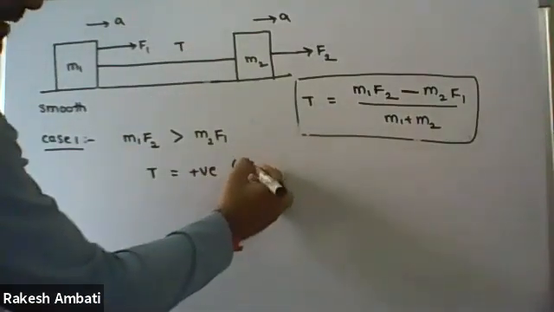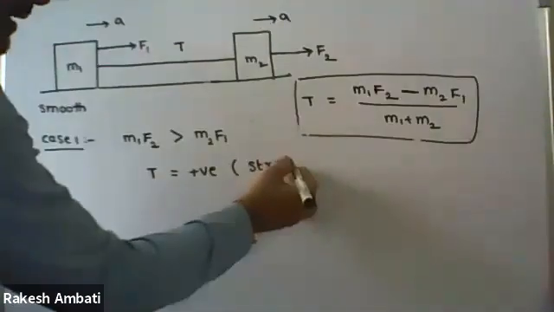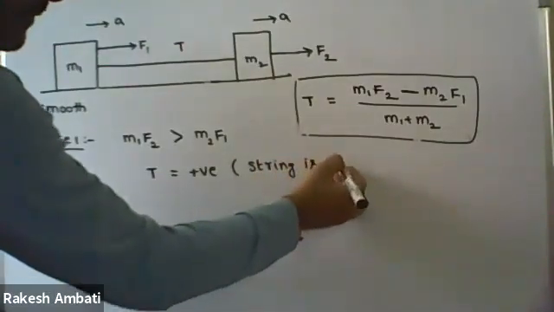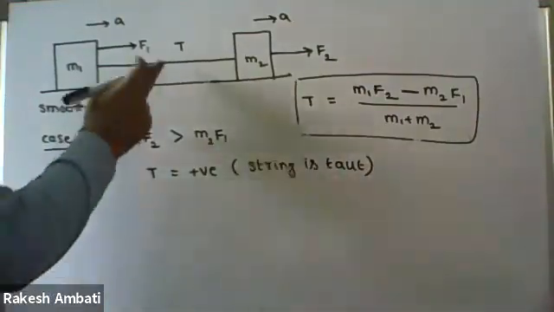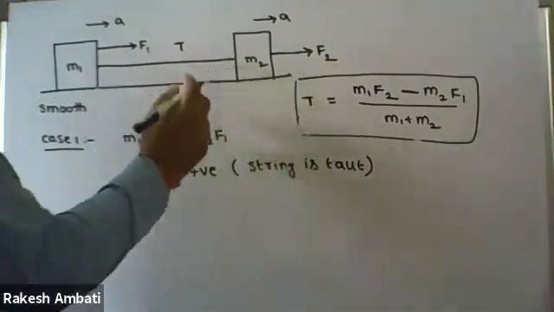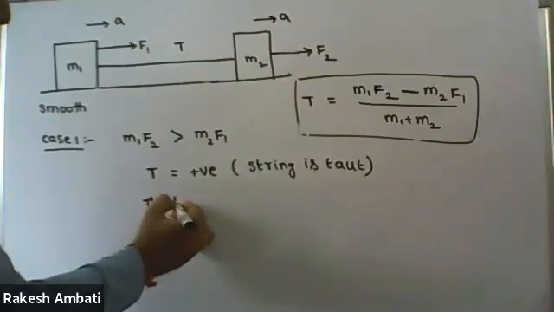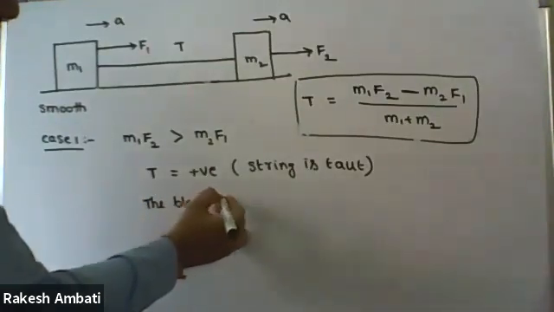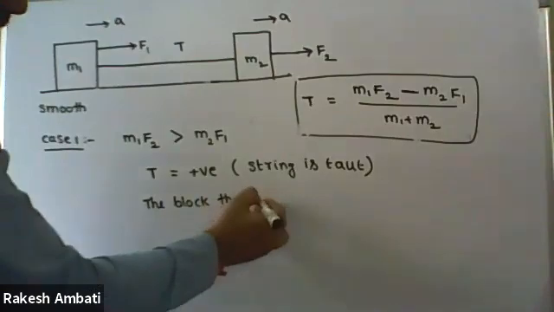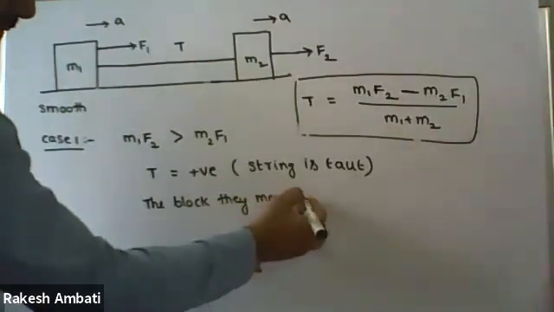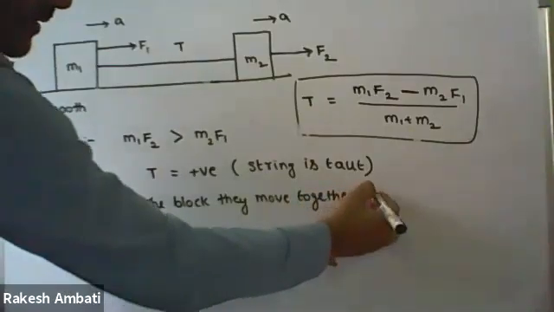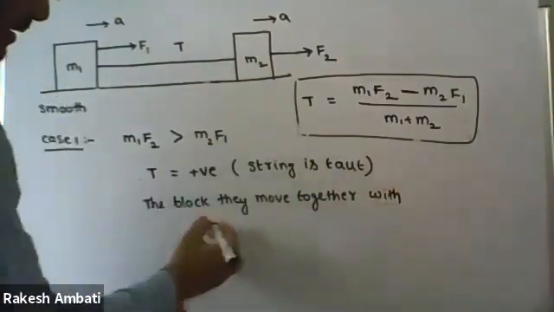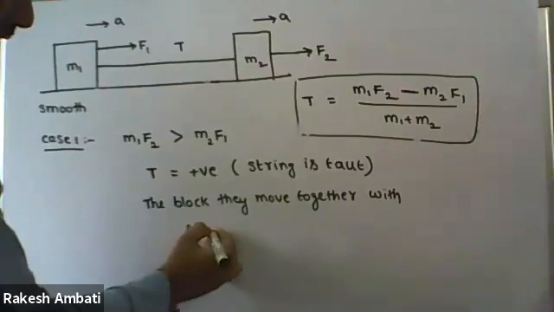That means we can say the string is taut. So when tension force is positive, when the string is taut, then the blocks move together with the same acceleration.